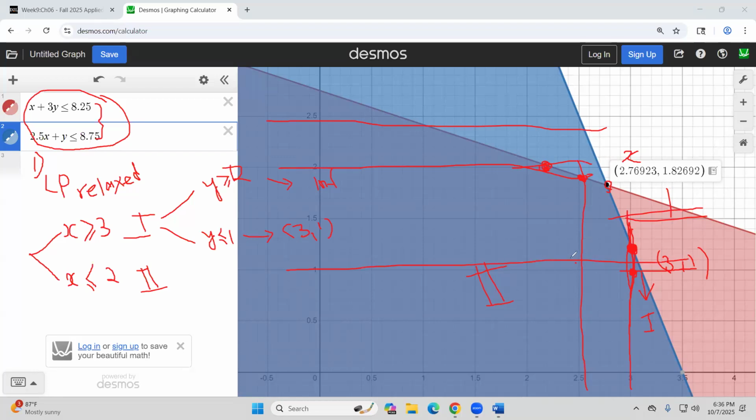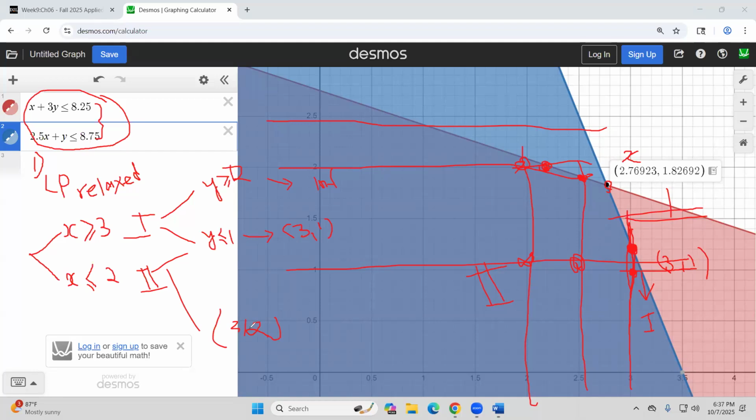So you're going to get this point here, right? You're just adding more constraints and making the area smaller and smaller. So you're going to have another solution here, for example, 2 and 2, okay?